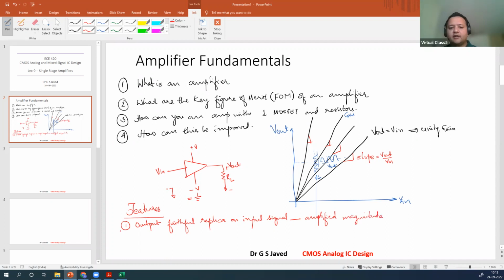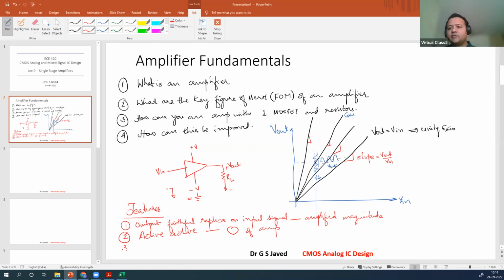Right? Second, your active device will be the heart of the amplifier.